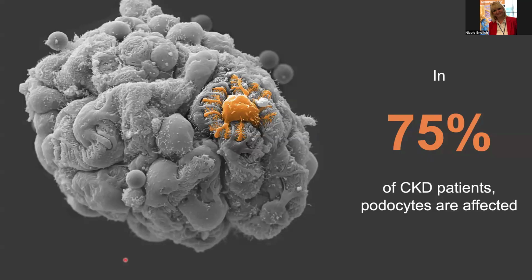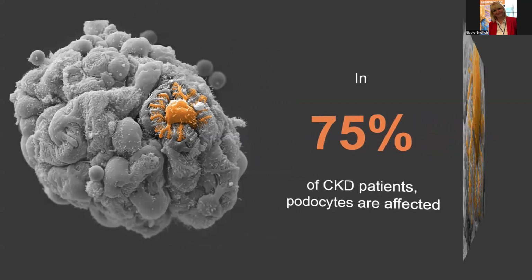As you can see here with the scanning electron microscopic image, you have a specific cell type sitting at the outer aspect of the capillaries, and they have major processes and tiny so-called foot processes. In more than 75% of the chronic kidney disease patients, these cell types, the podocytes, are affected.